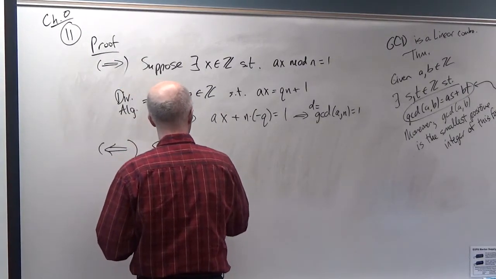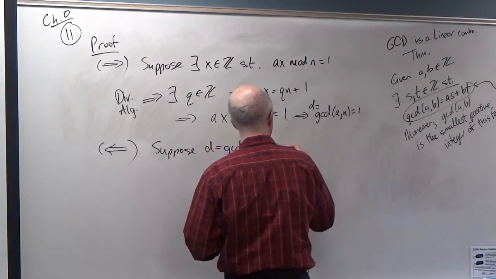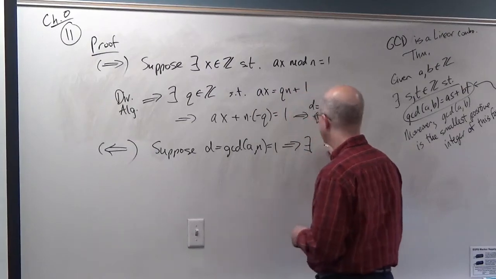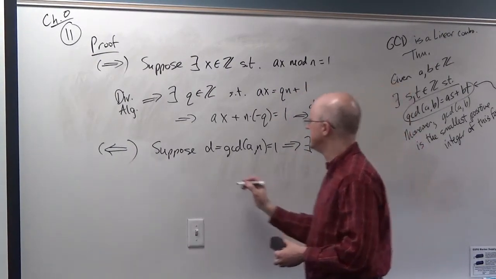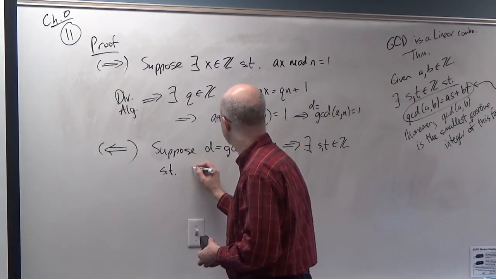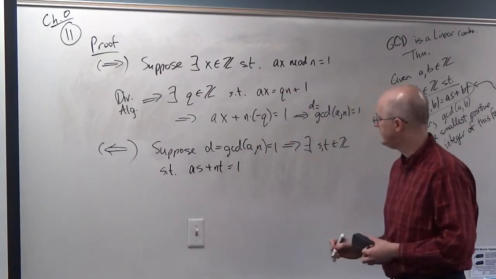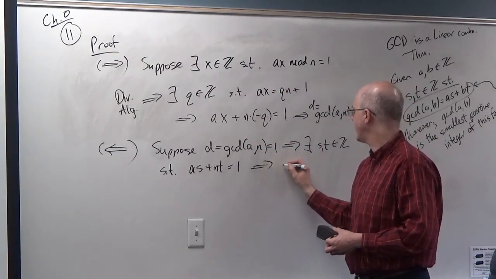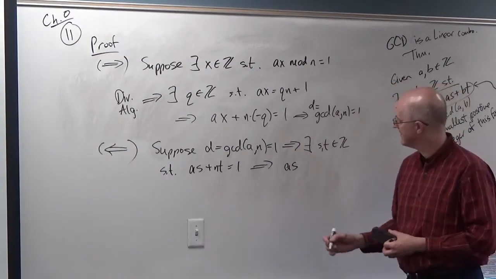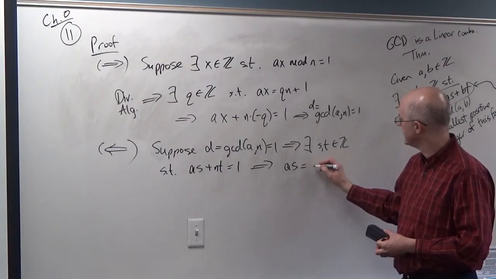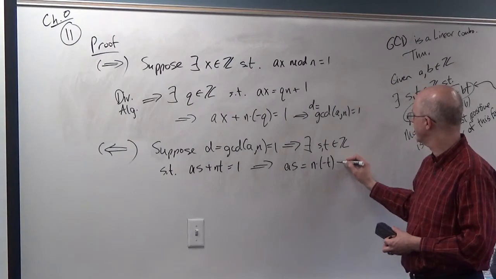Suppose d equals the GCD of a and n is 1, then there exist integers, we can call them s and t now, such that as plus nt equals 1. Now rewrite that as as equals n times negative t plus 1. Maybe I should have called it an x instead of an s, but that's okay.